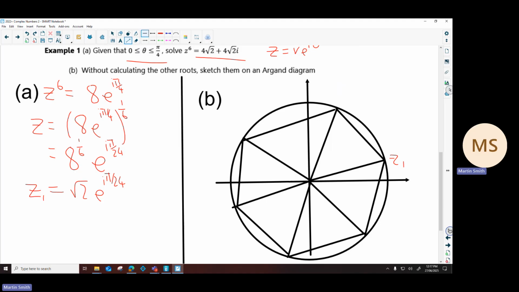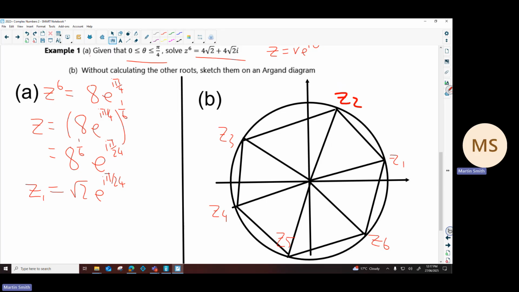Should be a regular hexagon at the center of the origin. So that's Z1. That is Z2. That's Z3, Z4, Z5. The 5th complex number is down here, and Z6. So the roots form a regular hexagon centered at the origin.